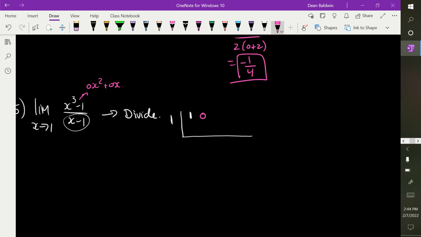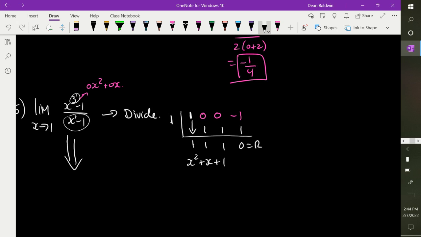So it's going to be 1, 0, 0, and then negative 1 there. In synthetic division, we bring down the 1. Multiply 1 times 1 is 1. Add, you're always adding. 1, 1, 1. 0 is our remainder. And if we're dividing a cubic by a linear, degree 1, we should get a quadratic. So this is x squared plus x plus 1.